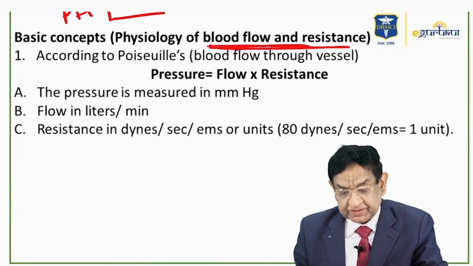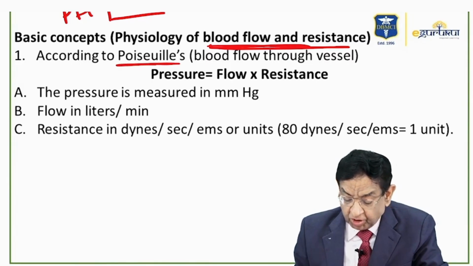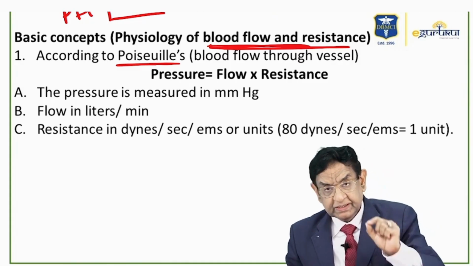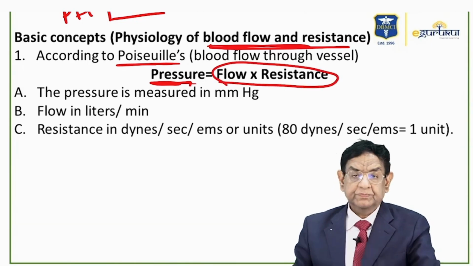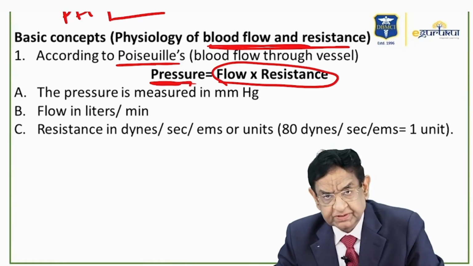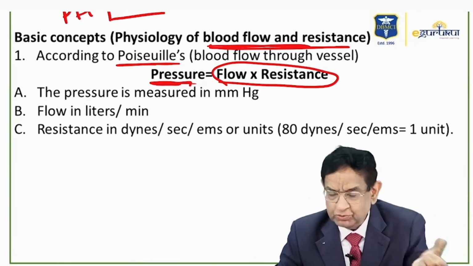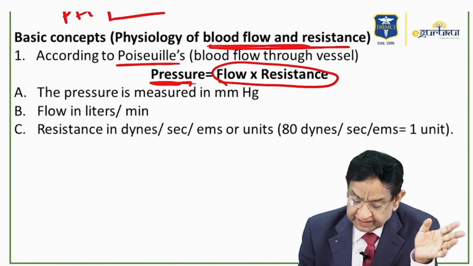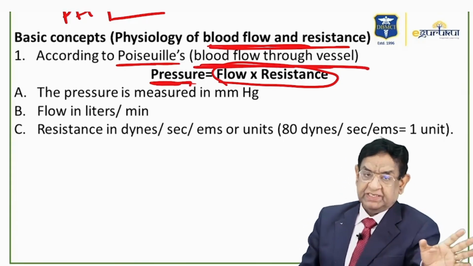So in physics, we are taught that in Poiseuille's law, okay, pressure is equal to flow into resistance. This is physics. Of course, when we are talking about a human being, I don't need to say that we are talking about blood flow in the vessel.